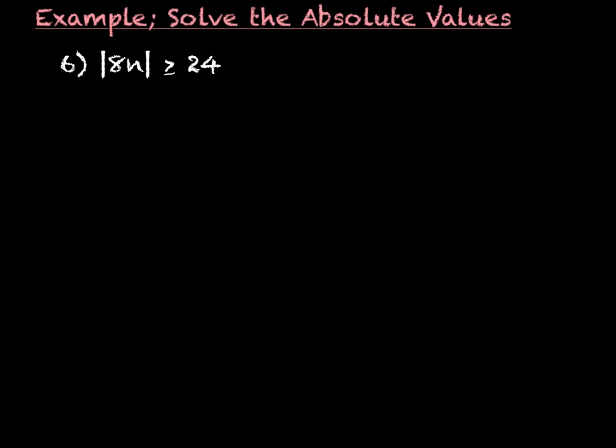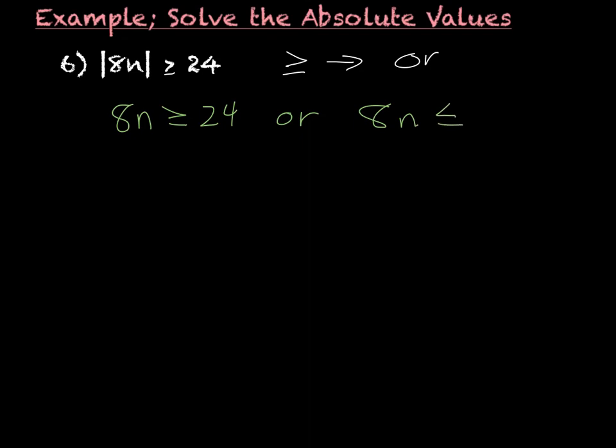For this next example, we're going to start by figuring out what symbol we're going to use. So since it is a greater than or equal to, that means we're going to use the word or. So we're going to write it as 8n is greater than or equal to 24, or 8n is less than or equal to negative 24.